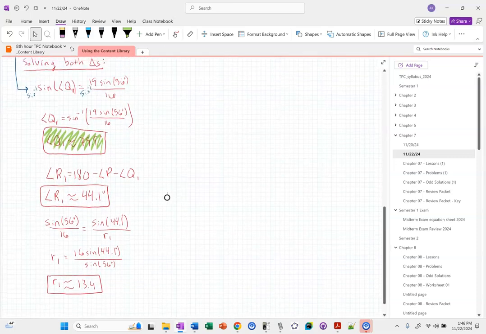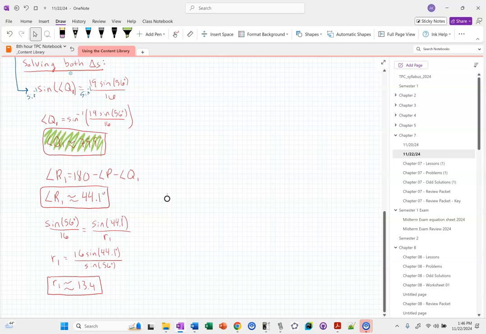So what I'm going to do now is make a second column, and I'm going to do my work for triangle 2 over in that second column. In my experience, students that have problems with this often have problems because of organization. Their work is kind of all over the place.